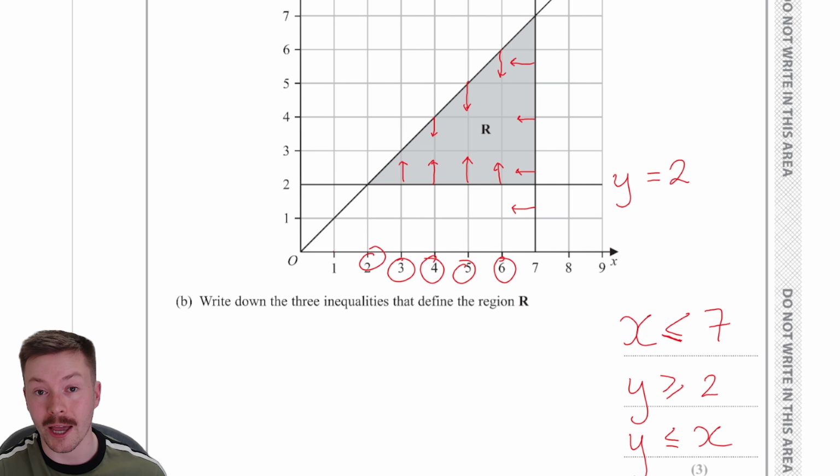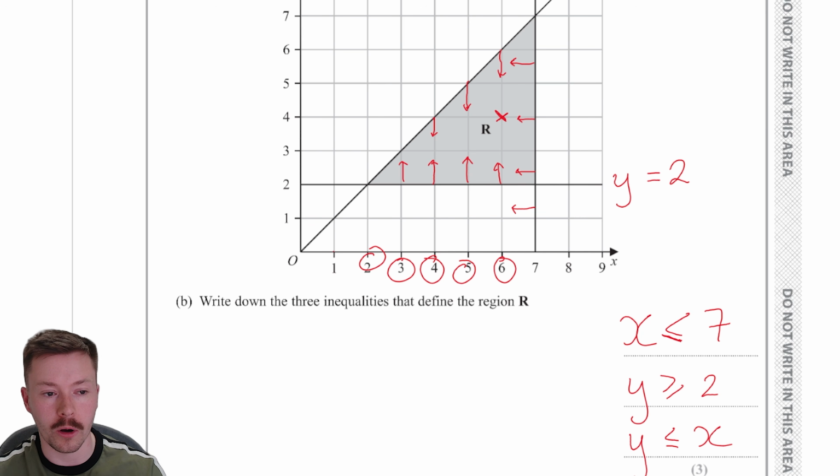Now, if you want to check that these are right, what you could do is pick a point. So let's go with this point here. 6 and 4. So the x is 6. So if we look at our first inequality, it says x is less than or equal to 7, or 6 is less than or equal to 7, it works. If we look at the next inequality, y is greater than or equal to 2.